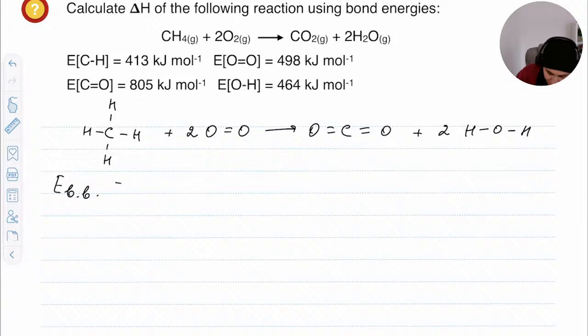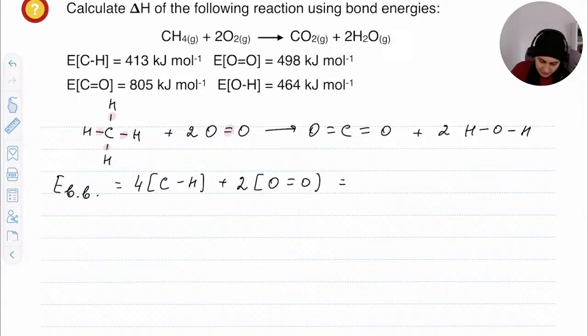So bonds broken. Which bonds are we breaking? Let's mark them. We're breaking all the bonds of the reactants. I'm breaking 1, 2, 3, 4 CH bonds, and in the reactants 2 oxygen-oxygen double bonds. Then plug in the numbers: 4 times 413 plus 2 times 498.